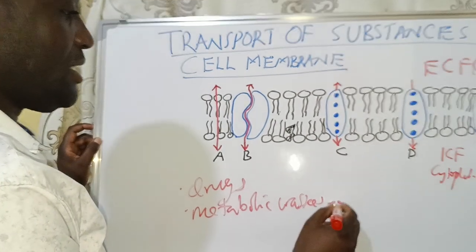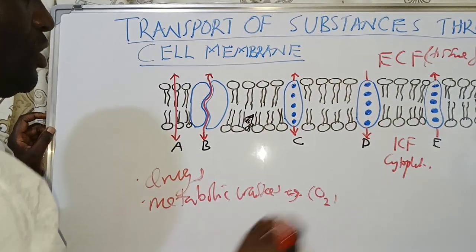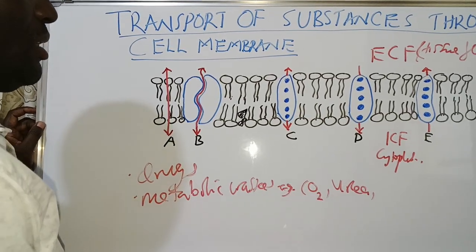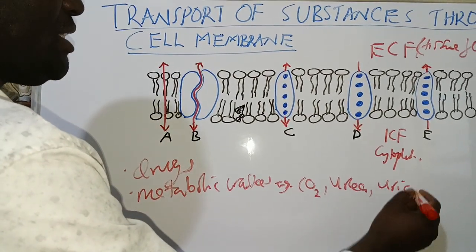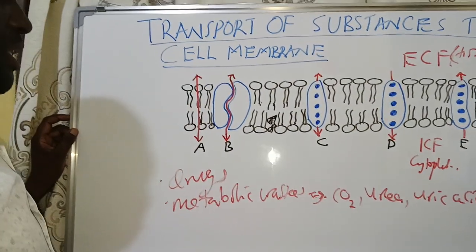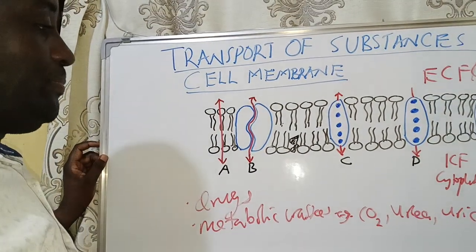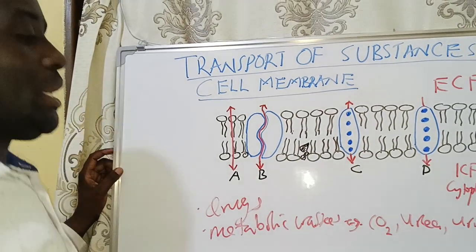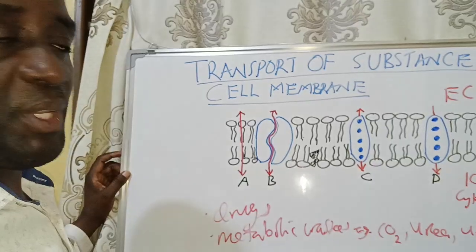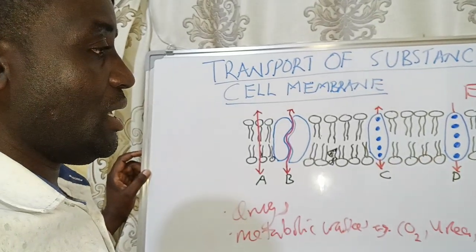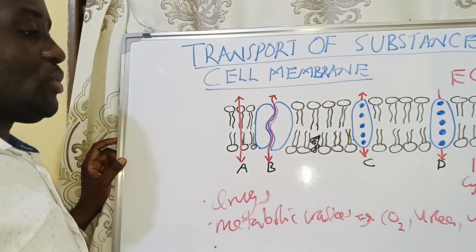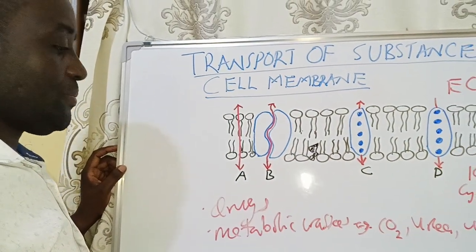We can cite examples: CO2, urea, uric acid, etc. These metabolic wastes are formed after biochemical processes occurring inside cells, for example respiration, the ornithine cycle, and very many other processes that produce wastes. These wastes have to leave cells.